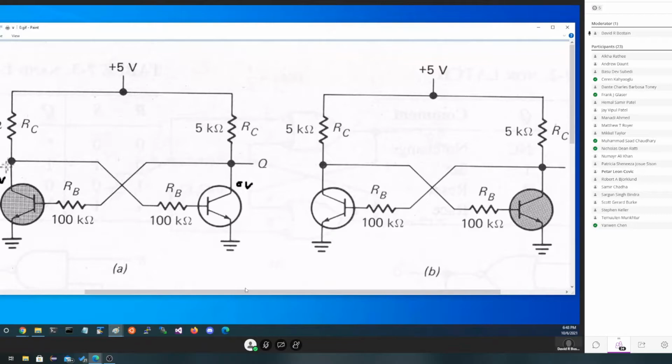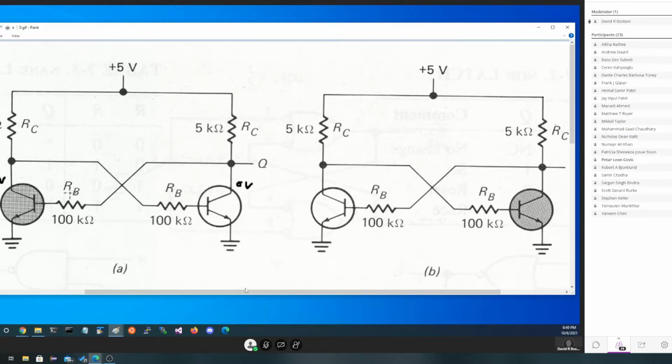This guy right here, if this transistor has 0, meaning it's turned on, the only way to have it turned on is if this voltage right here is 0.7 volts. But if it's 0 there, it can't be 0.7 volts here, and vice versa. We see something going on kind of odd here.